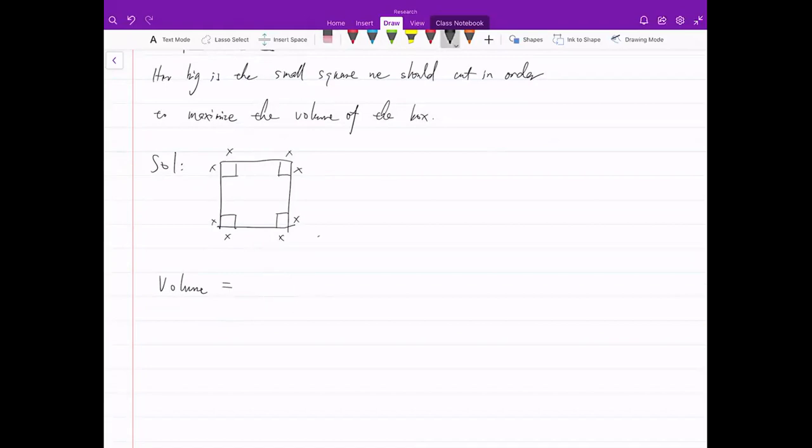Well, the volume is going to be base times height because it's rectangular. Okay, remember this is 15, this is 10. Okay. What's the height? The height is just x. Can you see that? When you fold everything, this is your height.